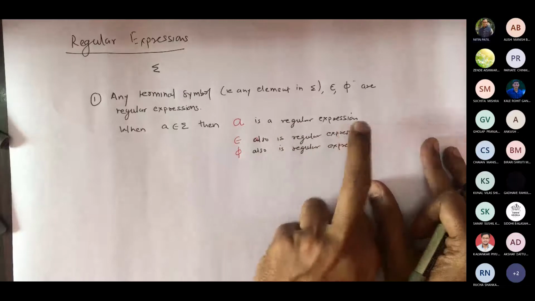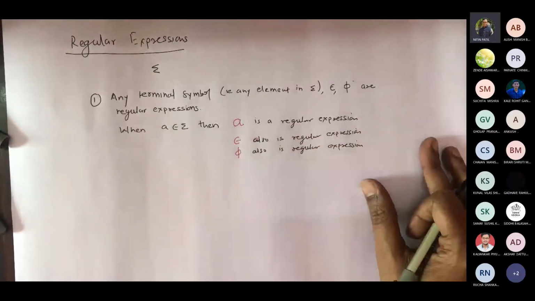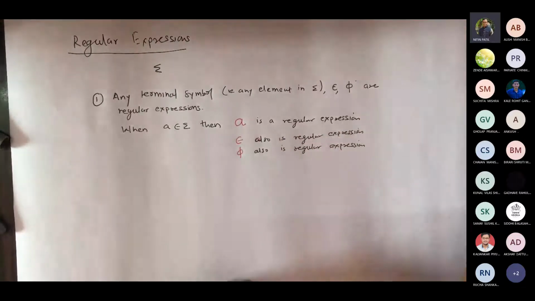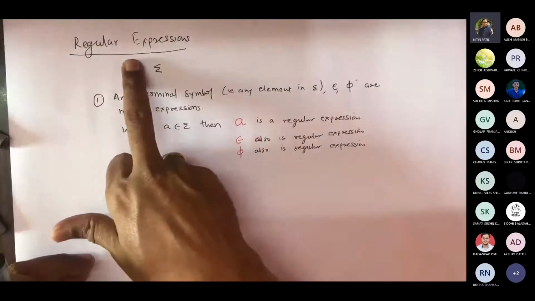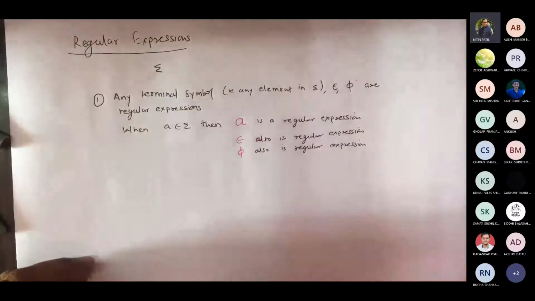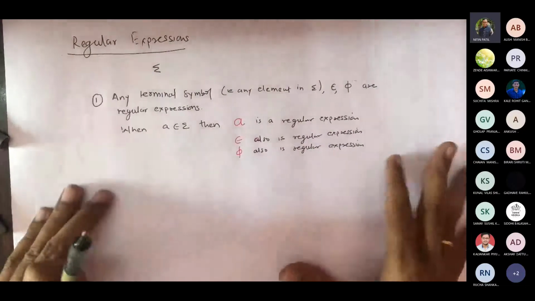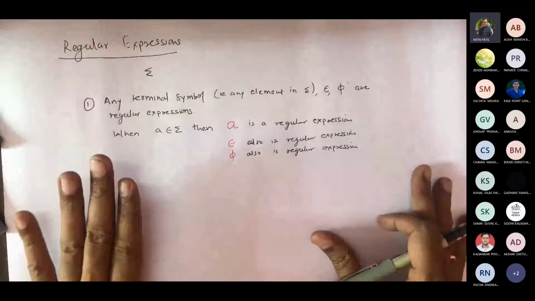Now, for example, if I say A, there is only one element in the language, which is A. No other string other than A is accepted by your finite automata. So mainly these regular expressions are algebraic notations used to represent a language accepted by finite automata. Fine.